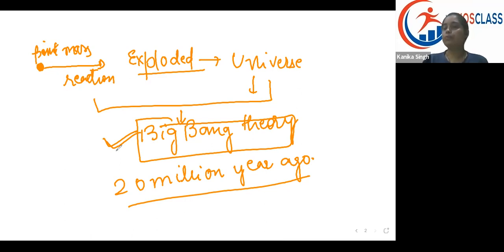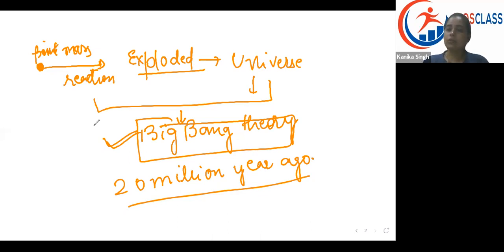Those are not proven by anybody. Whenever it comes to an experiment, I'll tell you that through this experiment it has been proven. But the Big Bang theory was not proven by anybody, and all the scientists just believed that yeah, it was really a point mass. It exploded and formed the universe.